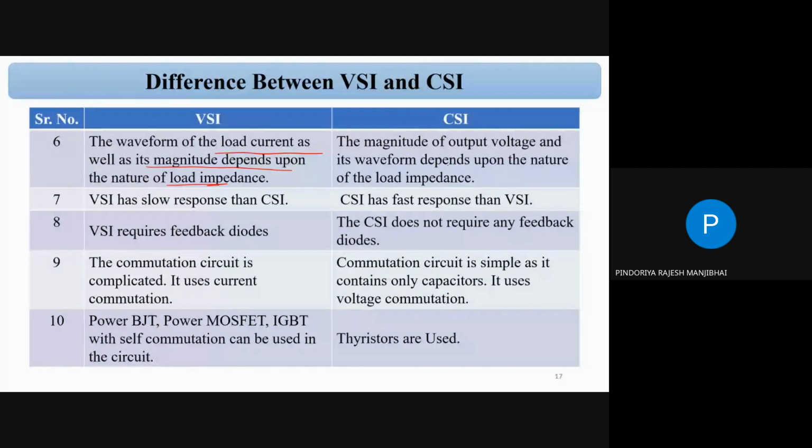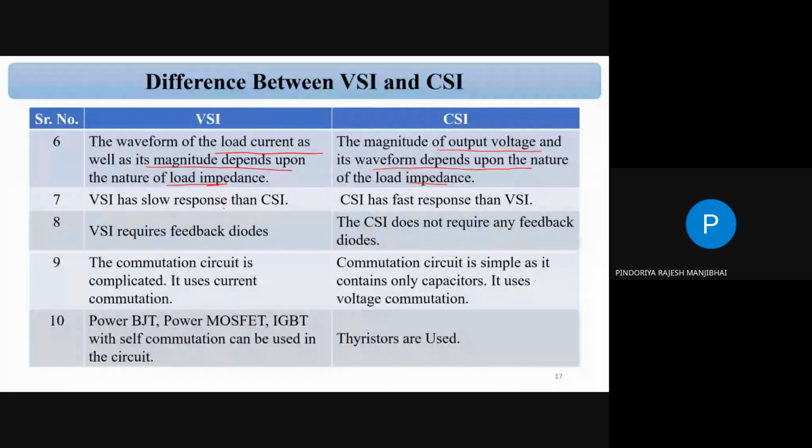So in the case of the VSI, the current depends on the load impedance. But in the case of the CSI, the voltage depends on the nature of the load. Correct? Okay.